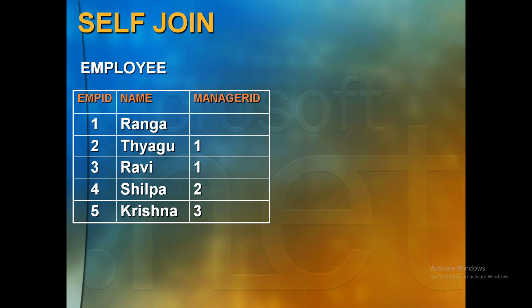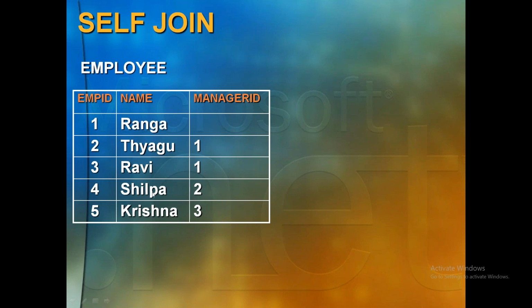I have a table: employee ID, name, and manager ID, right? So manager is also one more employee. This guy is the CEO of the company. He doesn't have any boss. But the second guy is reporting to the first guy, and the third guy is reporting to the first guy again.